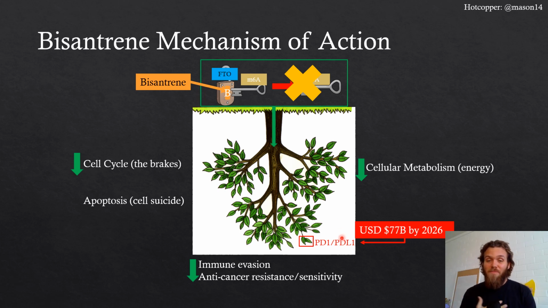I personally am very excited about bisantrene in general and Race Oncology. Because when you start to understand that these two leaves down here are worth 77 billion by 2026, then you can appreciate the value of targeting this mechanism.